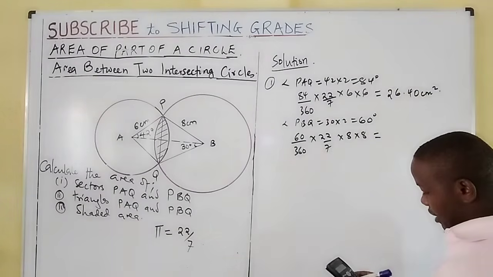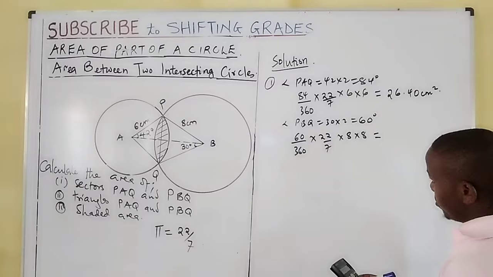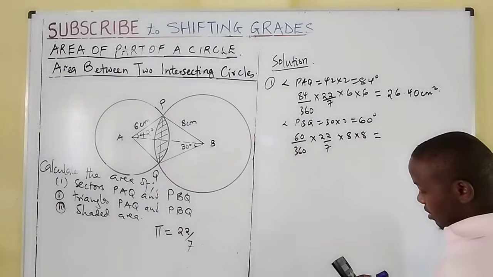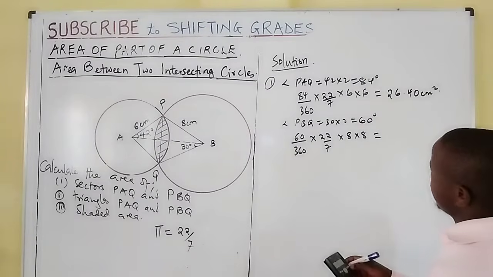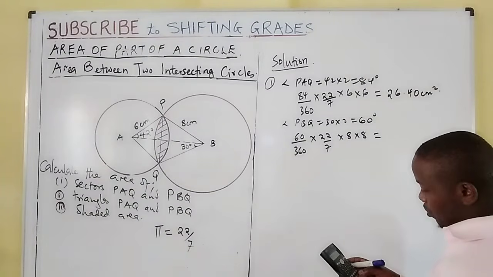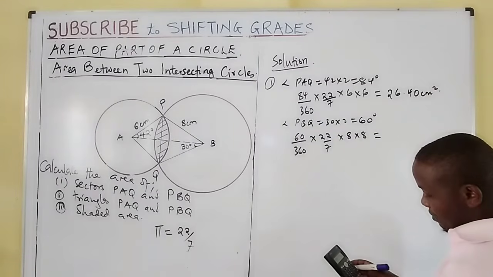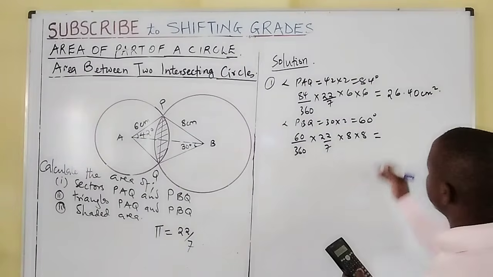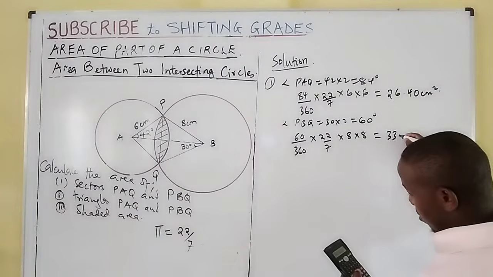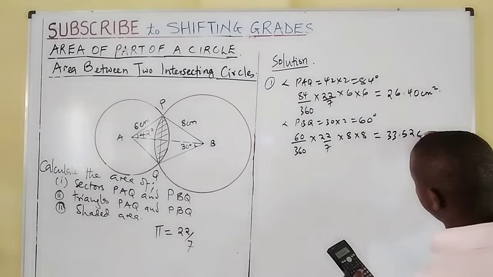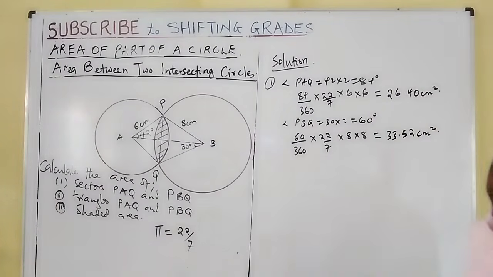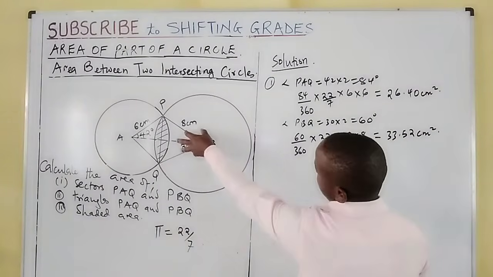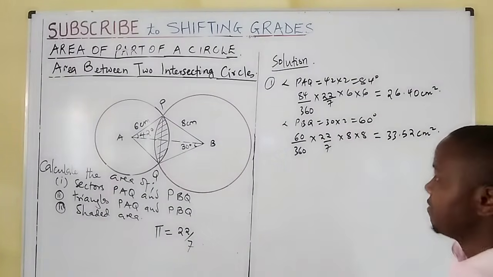Therefore, we shall have 60 times 22 times 8 times 8, divided by 360 times 7, and this gives us 33.52 square centimeters for this sector.